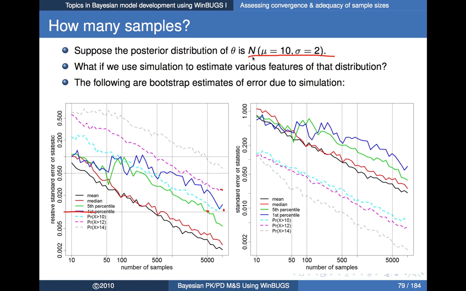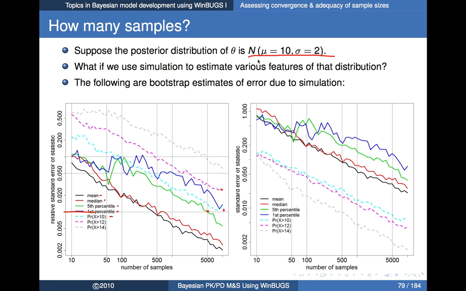So let's say we're going to randomly sample a bunch of thetas out of that, and we want to estimate things like a mean of that distribution, a median, a fifth and a first percentile of that distribution, as well as maybe a set of probabilities. Here, the probability that the value is greater than 10.